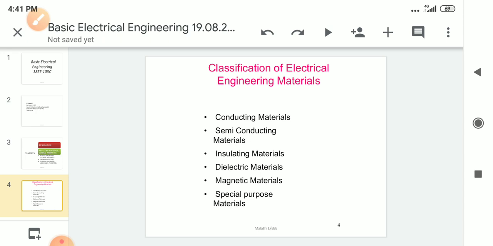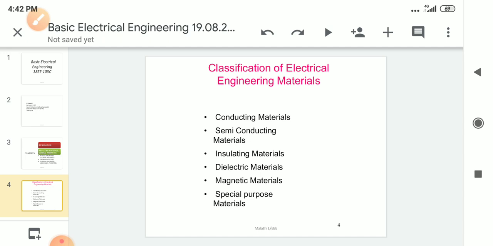These insulation materials are non-metallic materials that do not allow electric current to pass through them at a normal temperature. Depending upon the temperature, the insulation material also changes. We have to take care of that also.